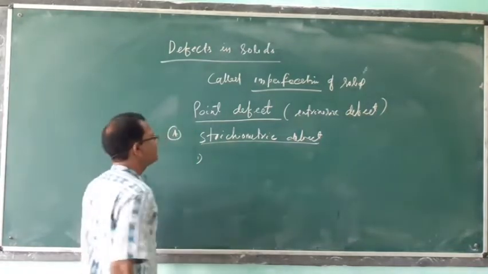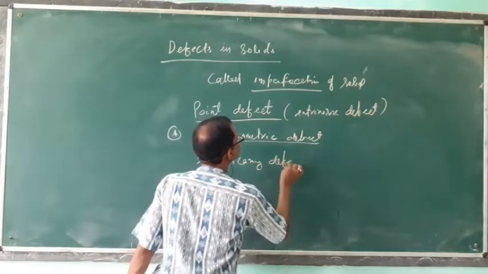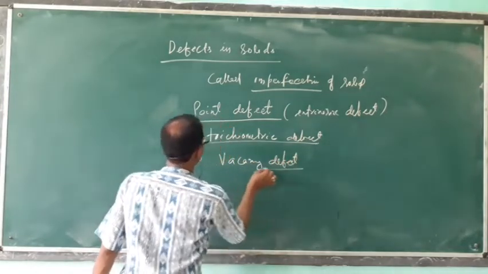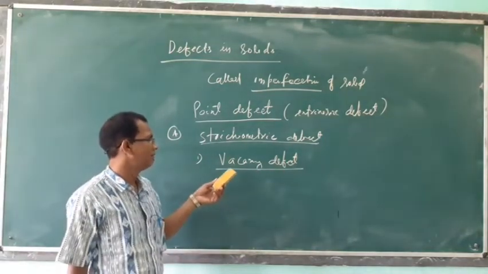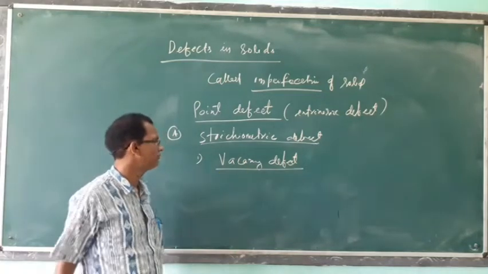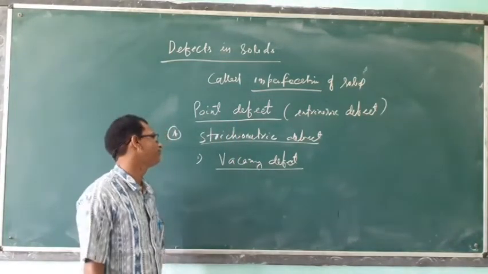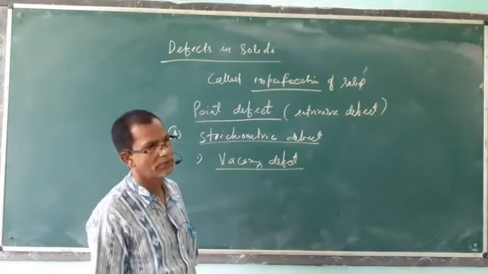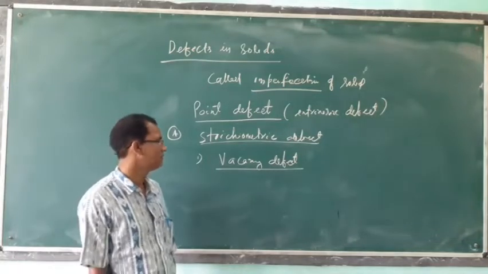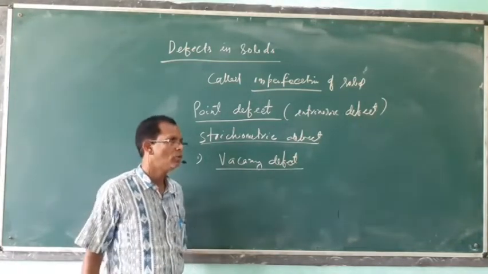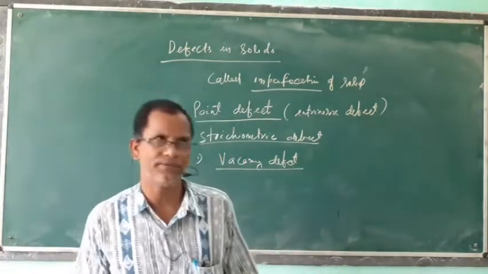This stoichiometric defect may be a vacancy defect. Vacancy defect means irregular arrangement observed due to loss of particles from the lattice points. When the particle is lost, removed from the lattice point, that is called vacancy defect.